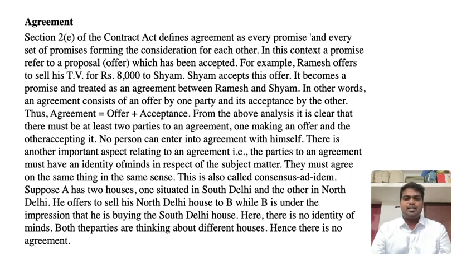So here we can once more see two elements, that is promise and consideration. In the definition of contract, we saw two elements, agreement and enforceability. And in the definition of agreement, we went through two elements, promise and consideration.